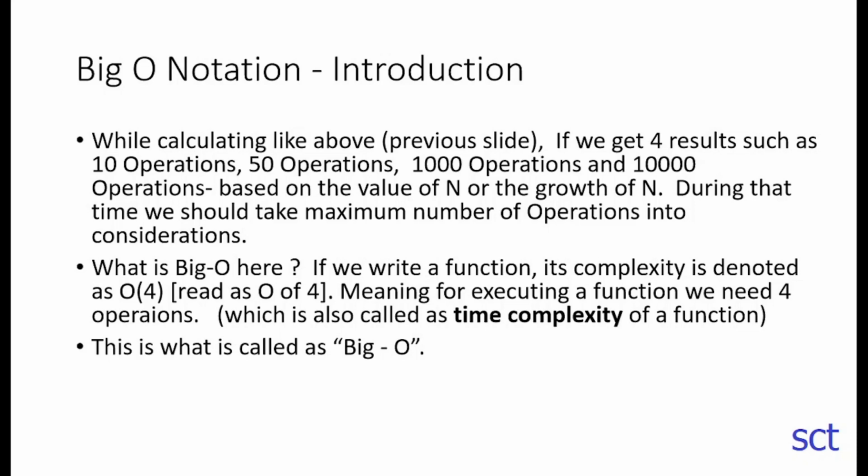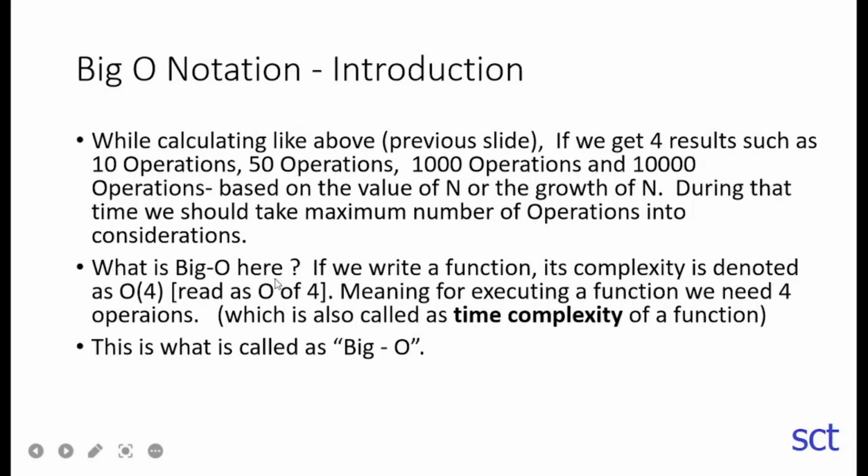So you need 5 operations. If you are having various numbers of operations, you need to take the maximum one. That is what is mentioned here. So if you get 4 results, 10 operations, 50 operations, 1000 operations and 10,000 operations, you need to take 10,000 operations as the result for the parameter.